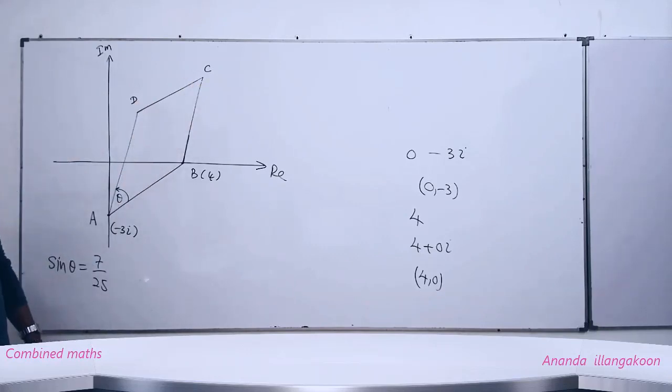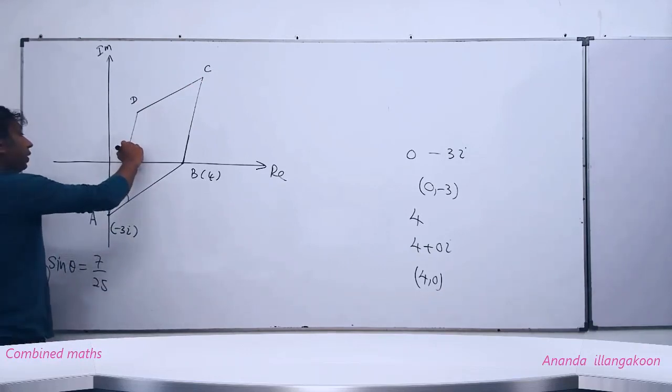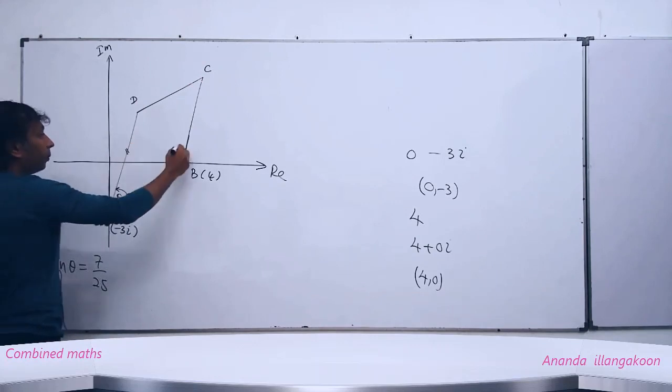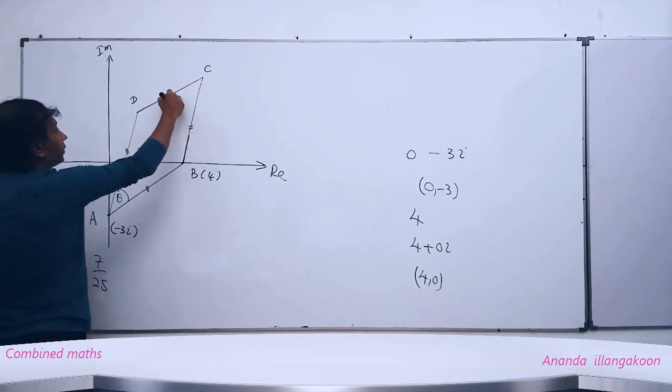Yes, people, how to take that now? This is a rhombus, no? Then this length, this length, this length, this length are equal.